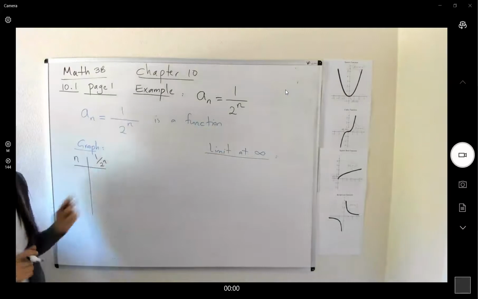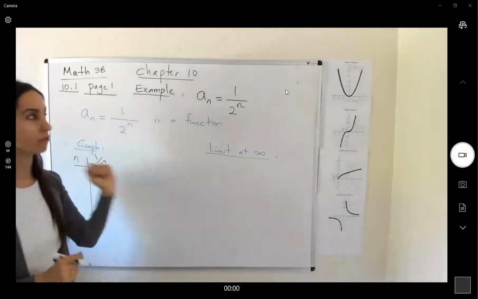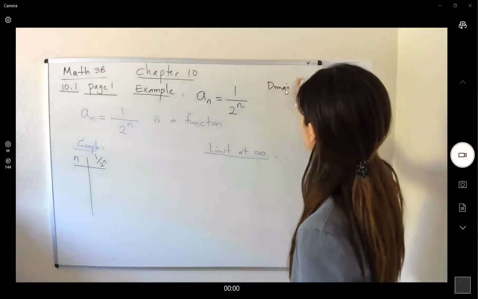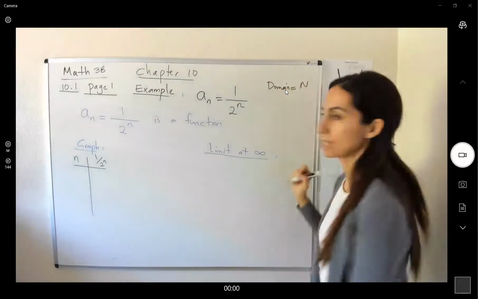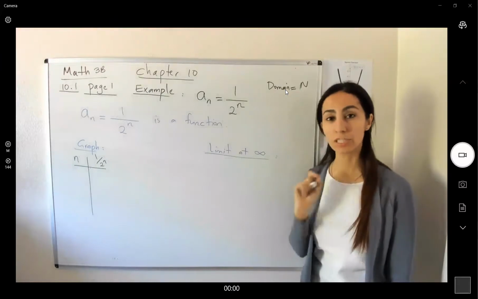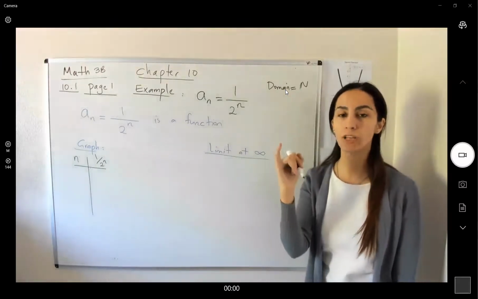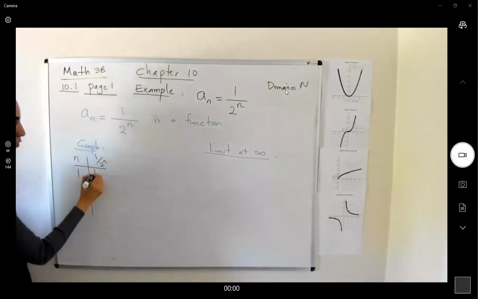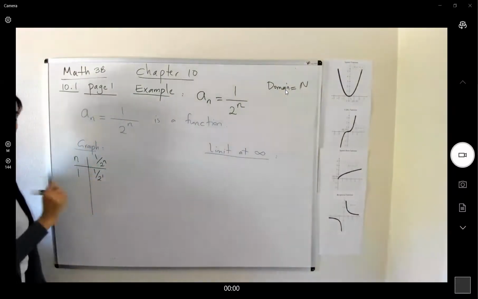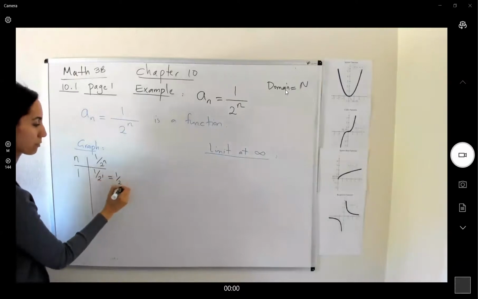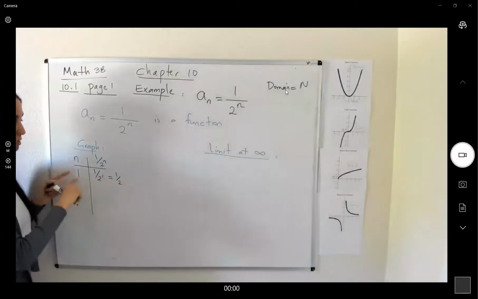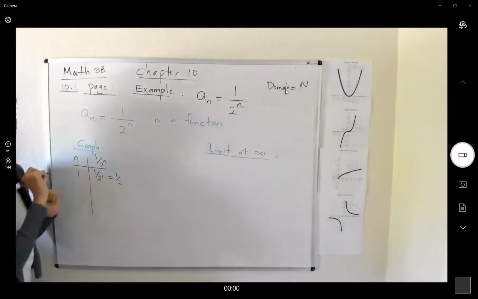Note that the domain of your function is the natural numbers. It means that the starting value is going to be 1. So if you plug in 1 for n, you get 1 divided by 2 to the first power, or a half. So the first point on the graph of the function is 1 and a half.